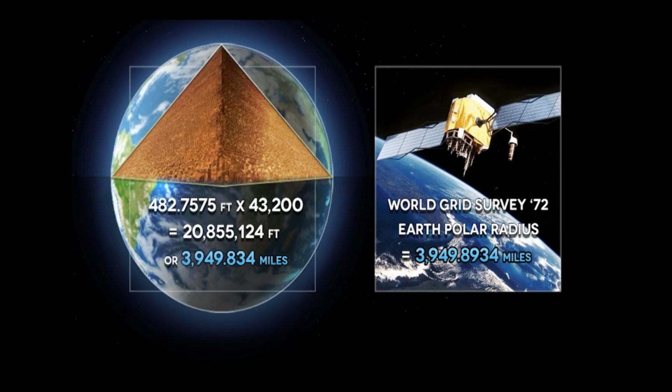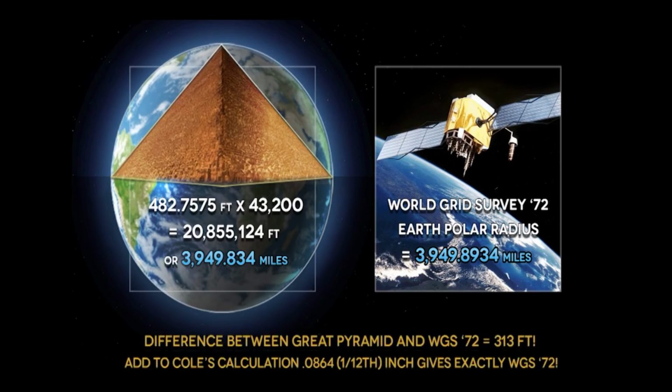And notice the difference between the pyramid, which I call the standard polar radius, and World Grid System 72 is only 313 feet over the entire size of the Earth.